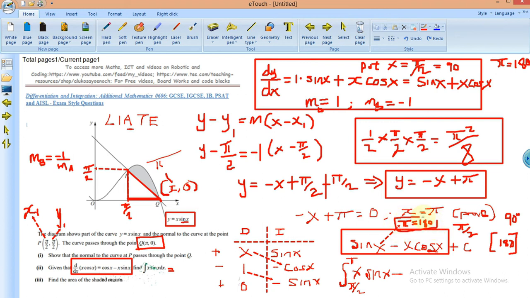When you substitute pi over 2, that is 90, so sine 90 minus 90 cos 90, close. That gives me 1. So when you substitute pi over 2 in this same function, your answer will be 1.